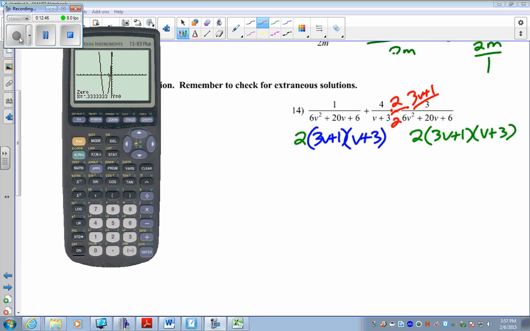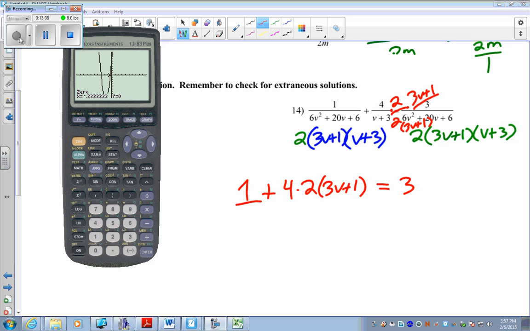So I'm going to rewrite this because this is pretty sloppy, but if I multiply by a 2 and a 3v plus 1 on the middle term, that'll give my like denominators, and then our numerators will become 4 times 2 times 3v plus 1 equals 3.